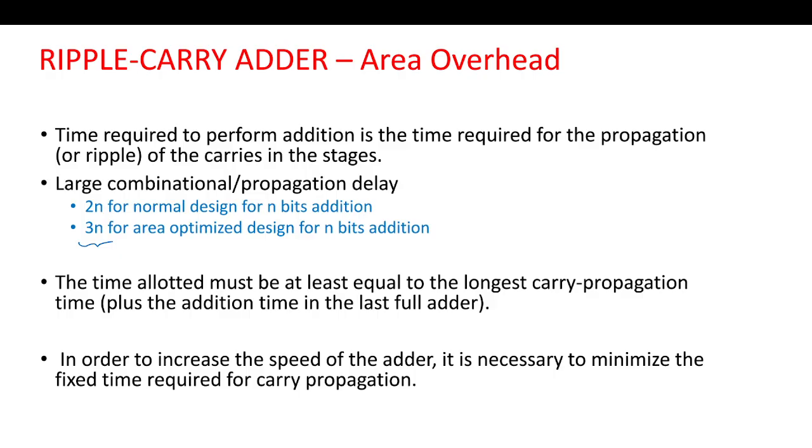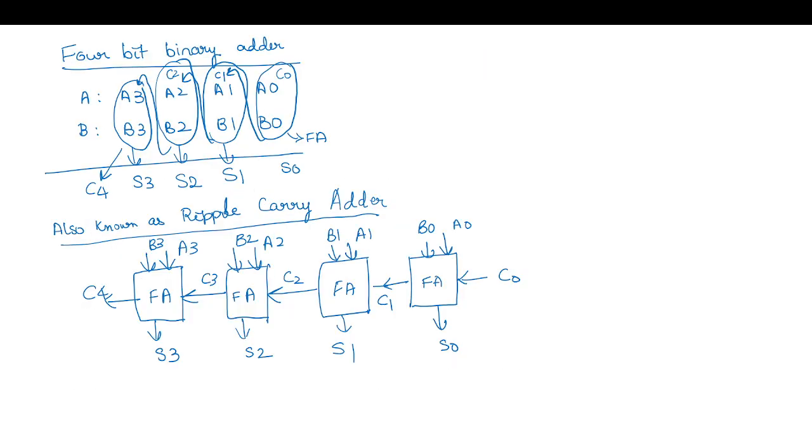So we consider all the gates to be 2 input gates, and for every full adder, we need 5 gates.